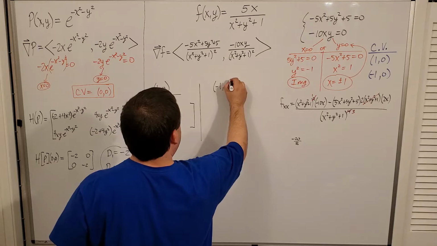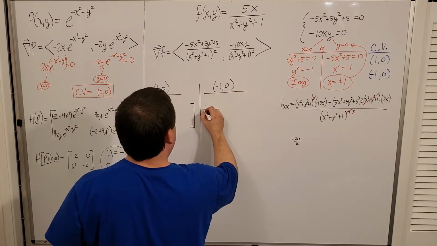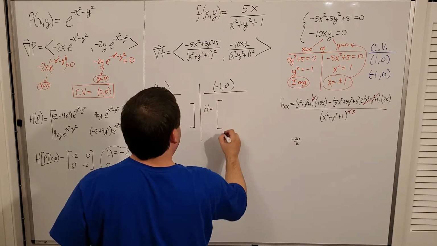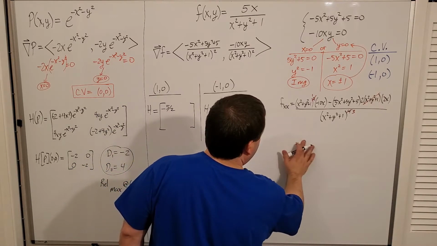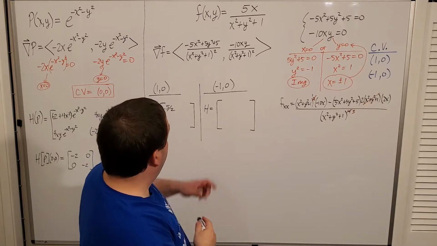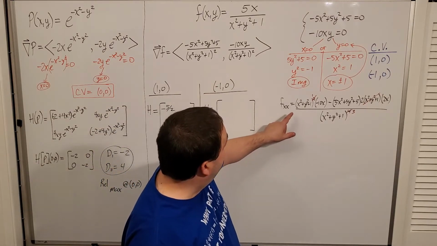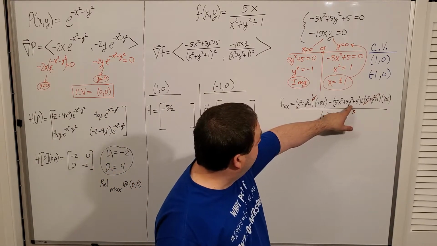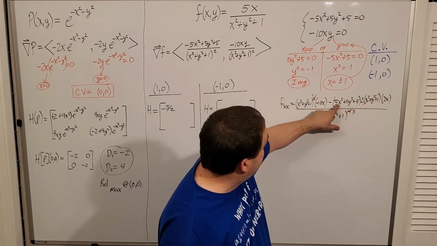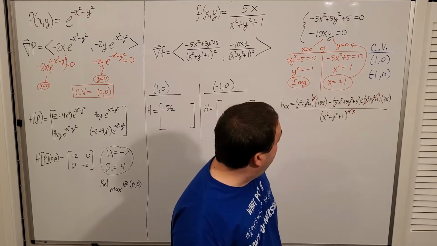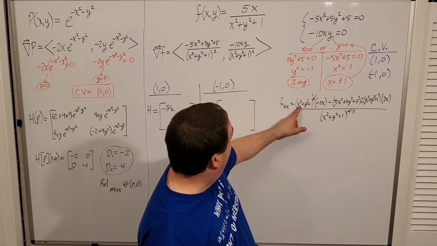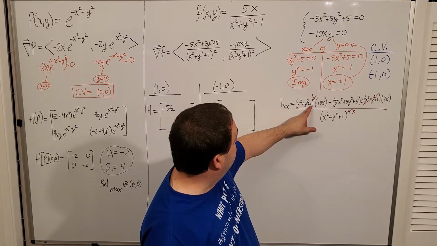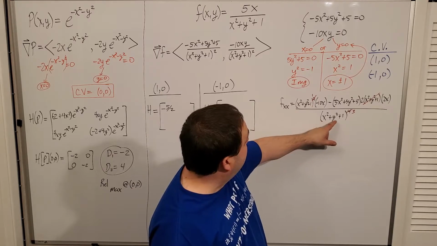At (negative 1, 0), my Hessian is going to be equal to, all right, let's do this again. When x is negative 1 and y is 0, I'm still getting 0 for this piece, which is going to wipe out that whole side. And I'm still getting 1 plus 1 is 2, and still 2 cubed.